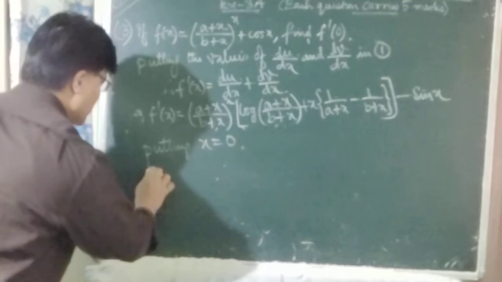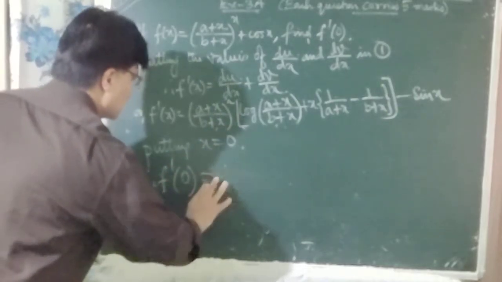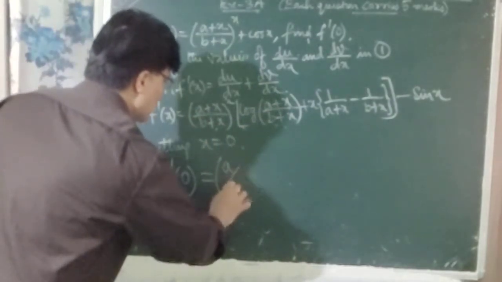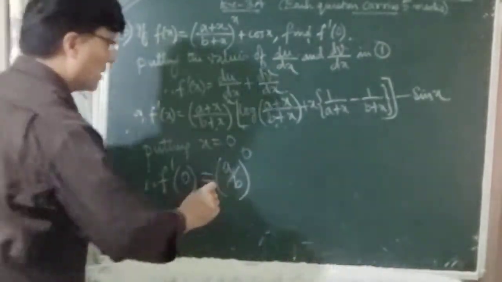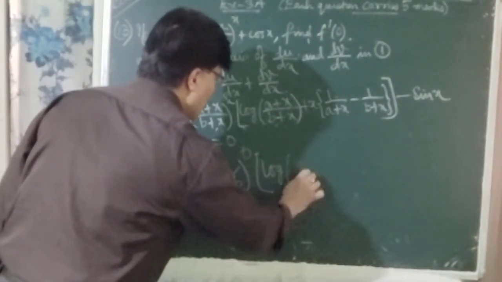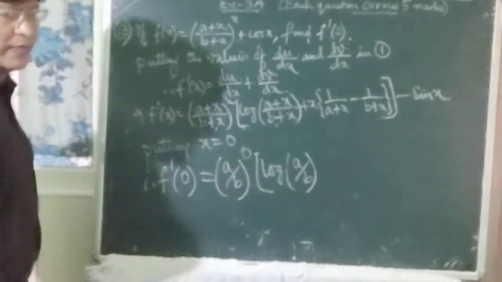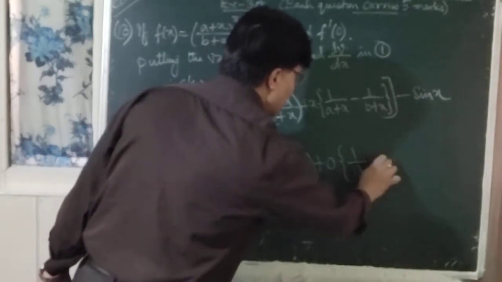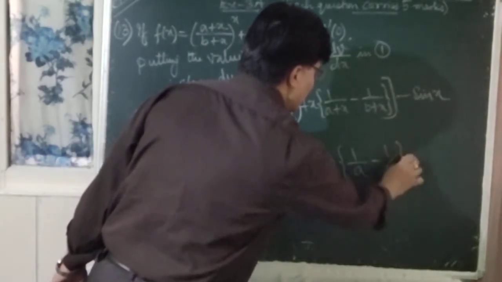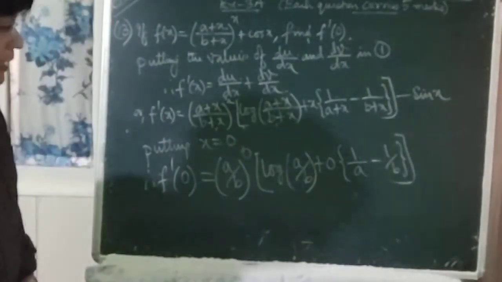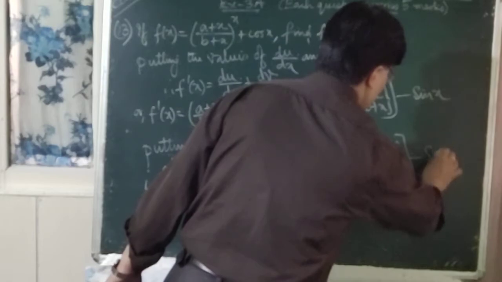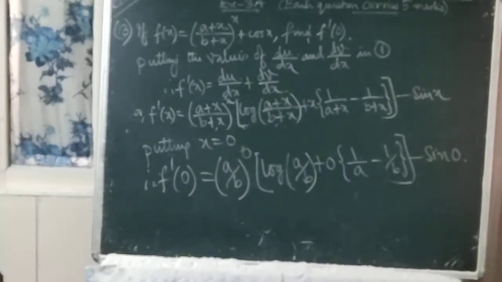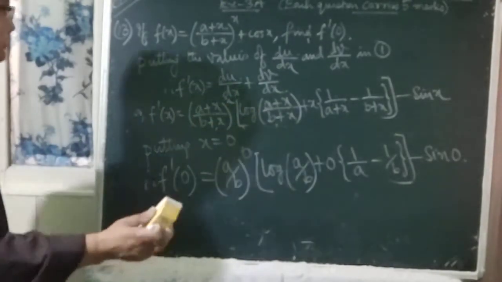Putting x is equal to 0, f dash of 0 is equal to a plus 0 divided by b plus 0, that means a by b, so it is (a by b) whole to the power 0, and within third bracket log of a by b, plus 0 within second bracket 1 upon a minus 1 upon b, second bracket closed, third bracket closed, and then minus sine 0. You know the value for sine 0, that is 0 always. Okay.